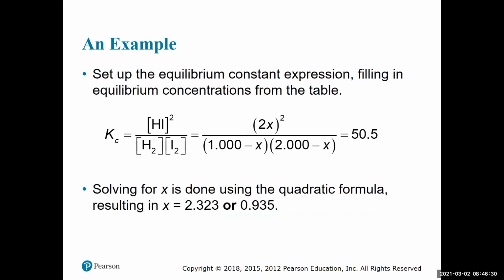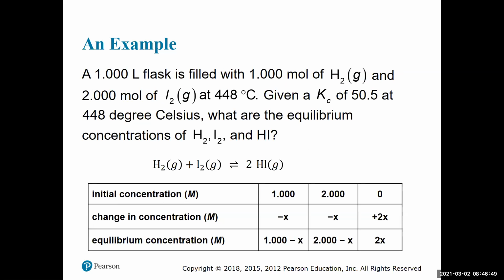In this case, if we think of setting up our equilibrium expression, our constant equals HI squared divided by the H2 concentration times the I2 concentration. And remember that expression came from our reaction equation and then using the coefficients.